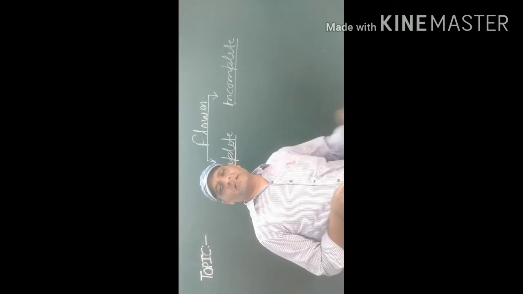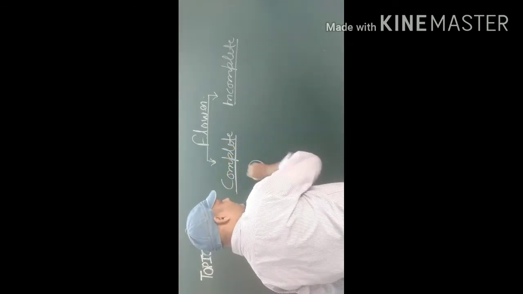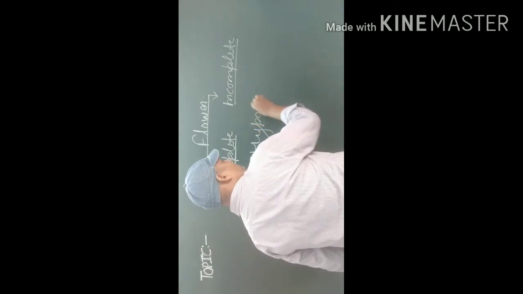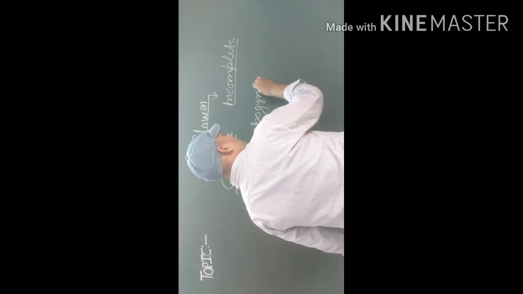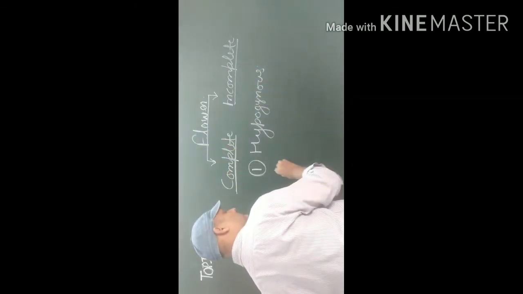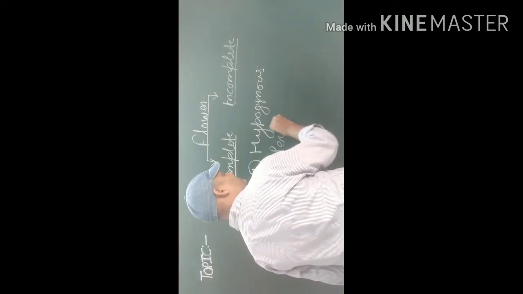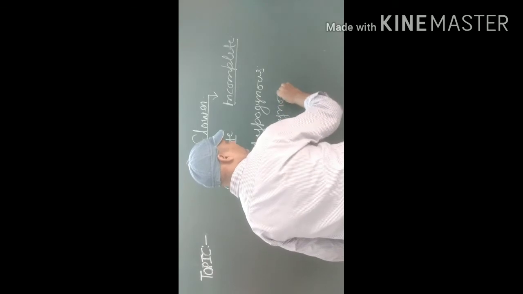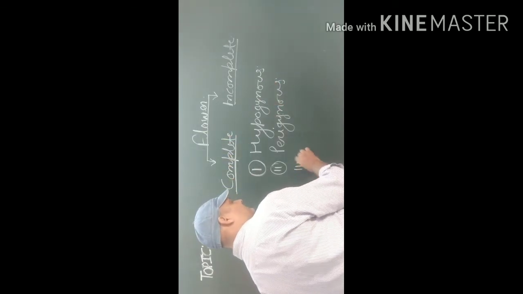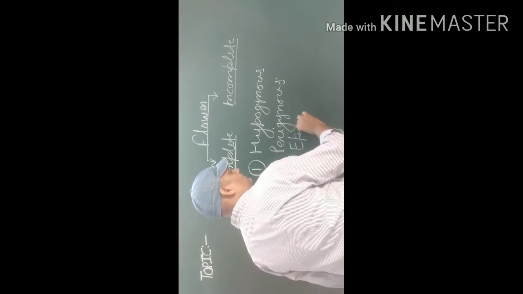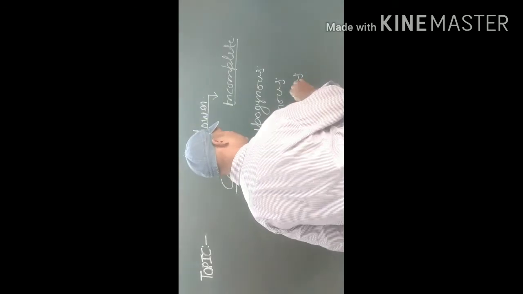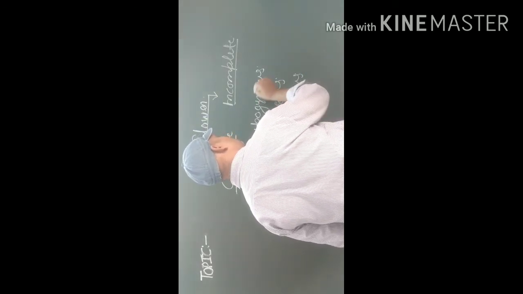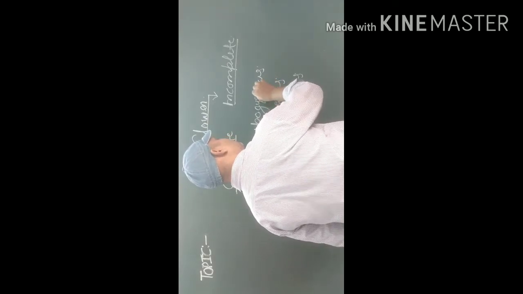Based on the position of the ovary in the flowers, there are three types: hypogynous, perigynous, and epigynous.